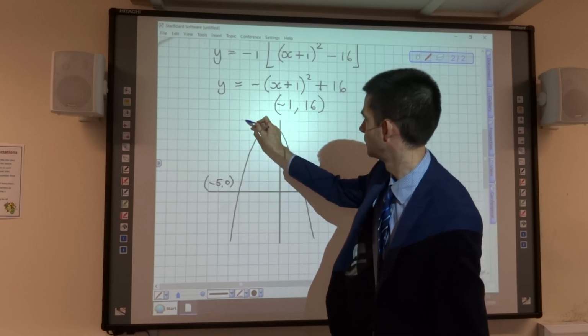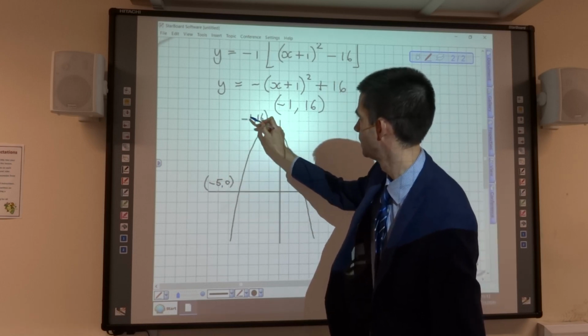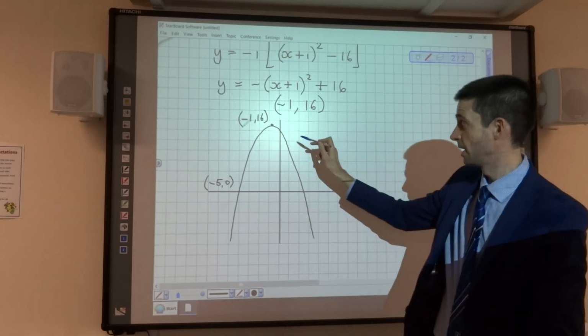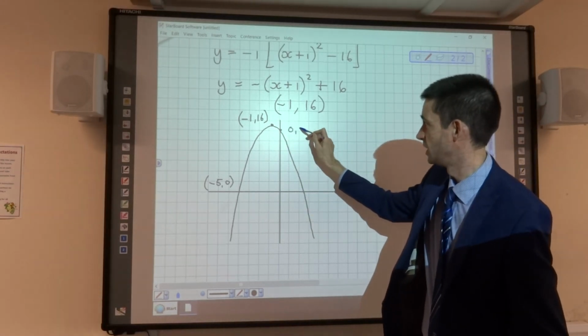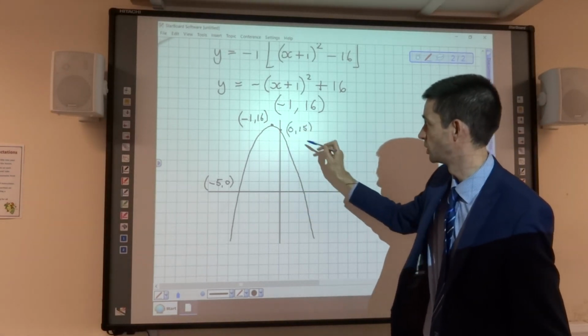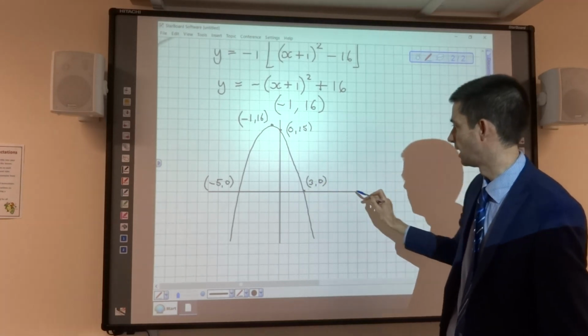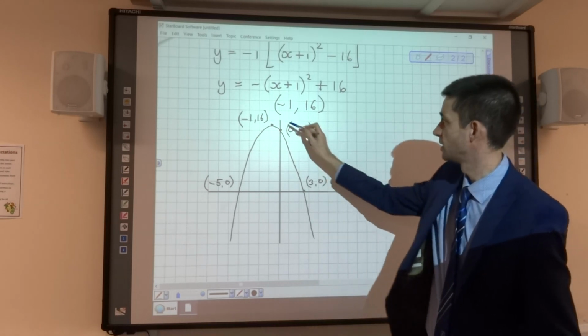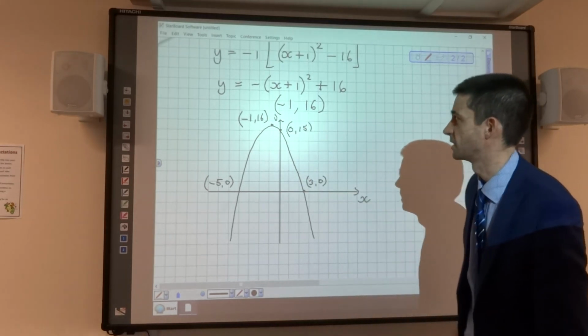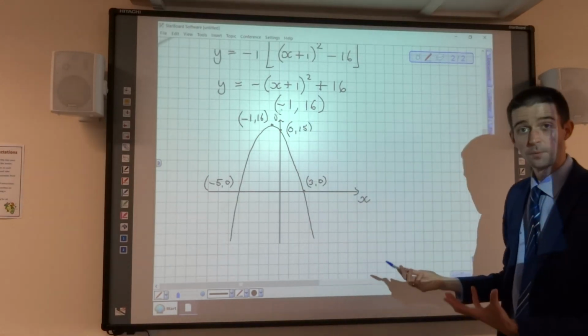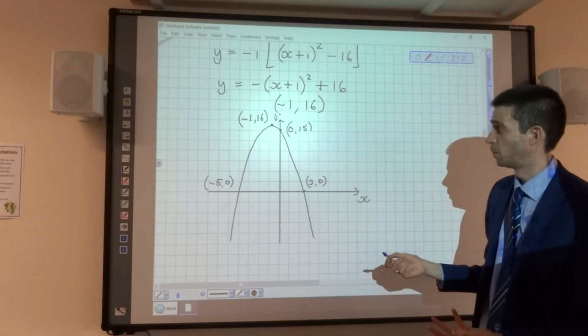The vertex, which is negative 1, 16. Now crucially, that is higher than the y-intercept of 0, 15, so make sure that your sketch acknowledges that. And then we have 3, 0 as the other x-intercept, so x-axis, y-axis. So there we go, there is the sketch of that quadratic.